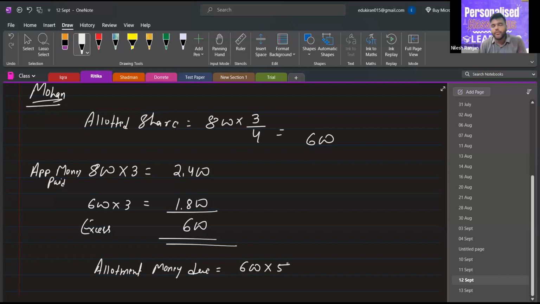So we will ask for 600 shares because the share allotted to him is 600, and we will ask 5 rupees per share on these 600 shares. So total amount we will ask on allotment is 3,000, and excess money that he already paid is 600.